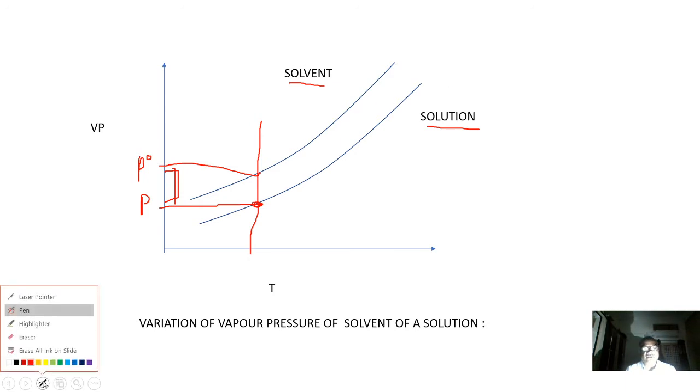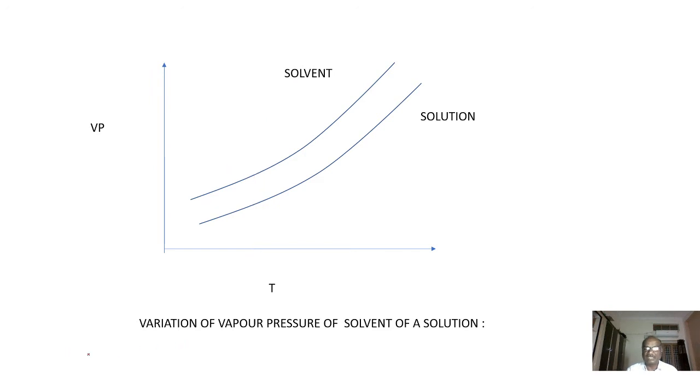So always the vapor pressure curve of the solution will be in the lower position compared to the vapor pressure curve of the solvent. That is a situation we can see. So this is a graphical representation of vapor pressures of a pure solvent and solution.